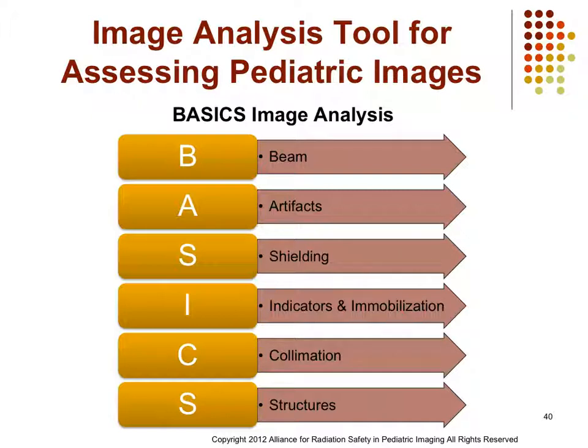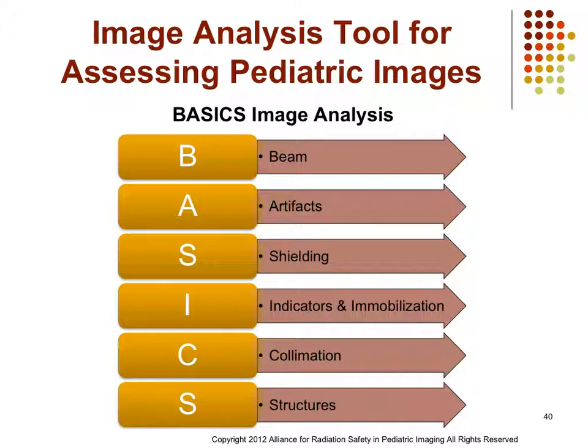Indicators and immobilization. So really this just emphasizes the need to look both at the post-exposure criteria, which would be evaluating our deviation index, and then our during-procedural factor, which is making sure that our patient is properly immobilized. Pre-collimation is always a must, so make sure you're applying that.